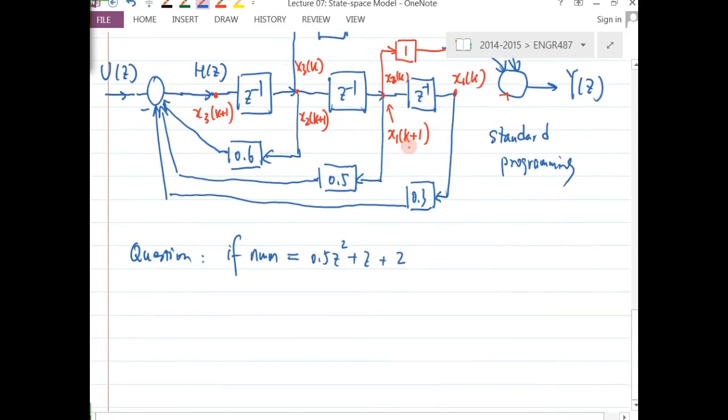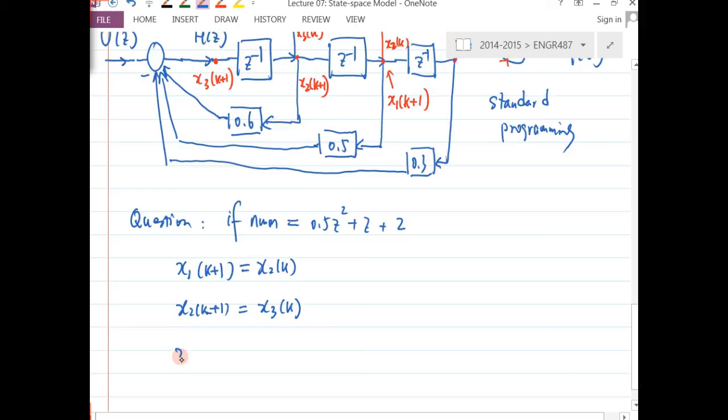Now, what I'm getting here is x1 of k plus 1. How does that relate to the rest of the states? x1 of k plus 1 is the same as x2 of k, right? And x2 of k plus 1 is the same as x3 of k.